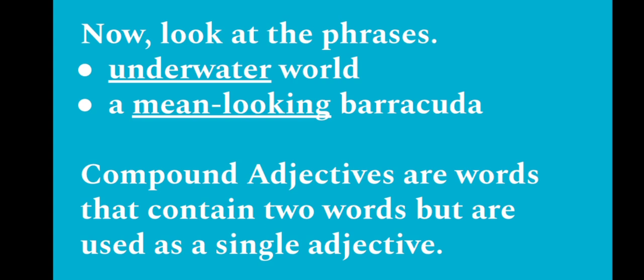What is an adjective, children? An adjective is a describing word. It describes a noun, or it gives more details about a noun. So in compound adjectives, two words are joined and this word is used as an adjective or a describing word. In the word underwater, under plus water, we have the compound adjective underwater.